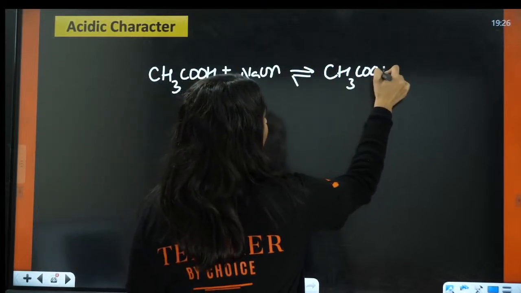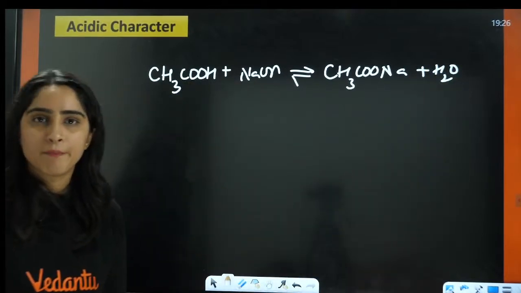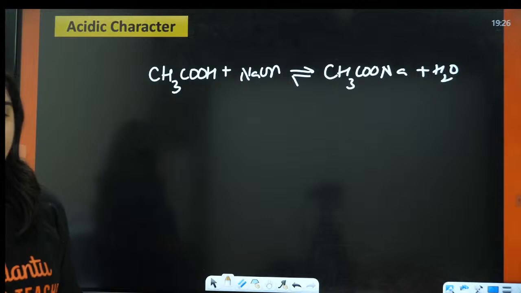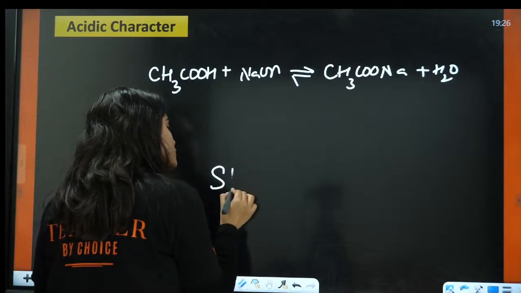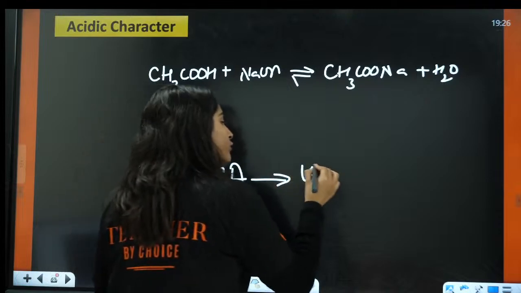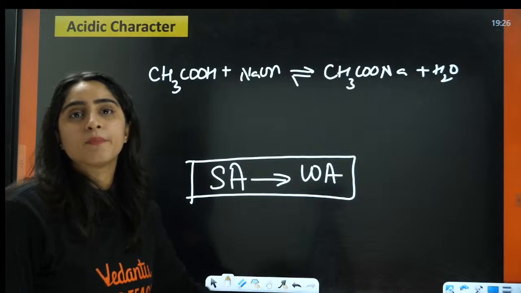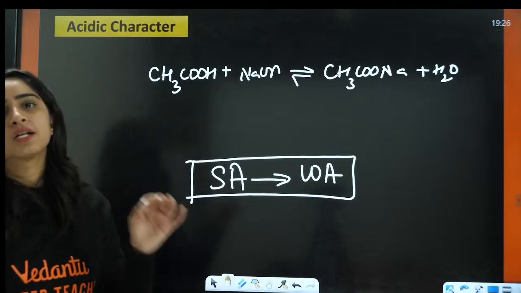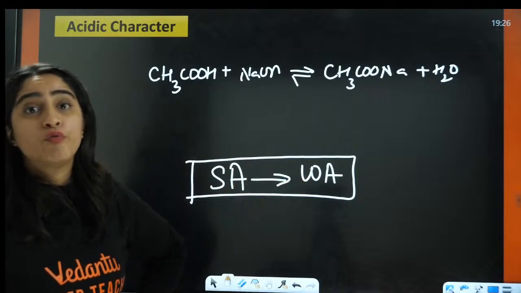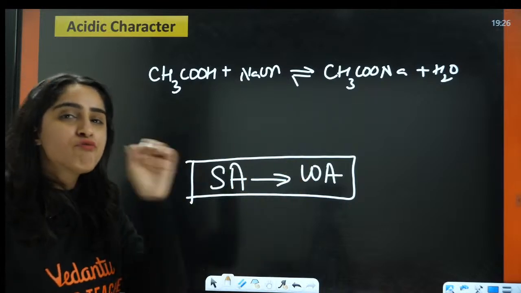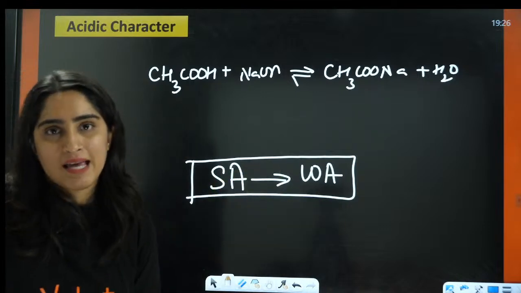CH3COONa plus water. Always remember, if strong acid is converted into weak acid, then that reaction is feasible. The reaction is feasible only when strong acid is converted into weak acid.